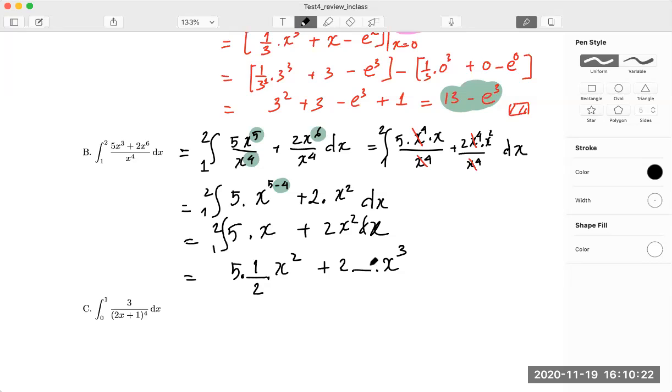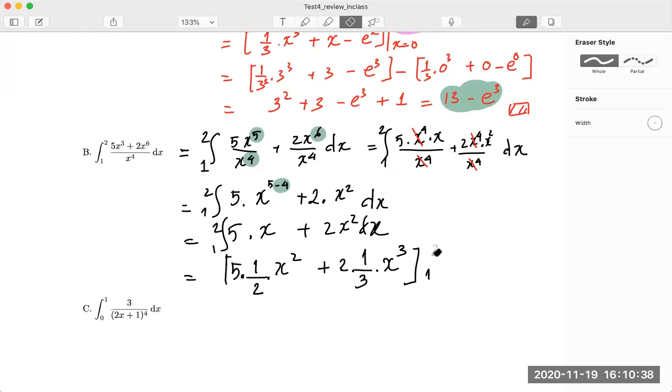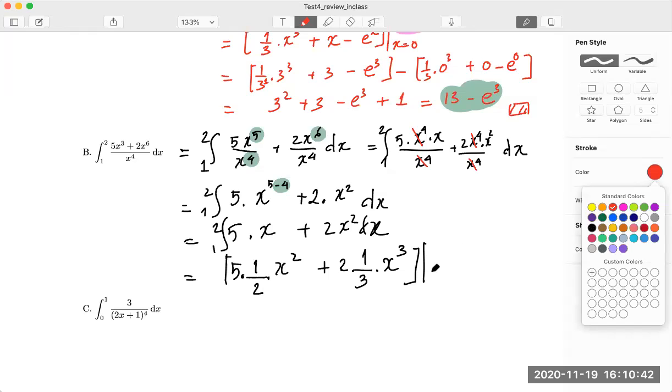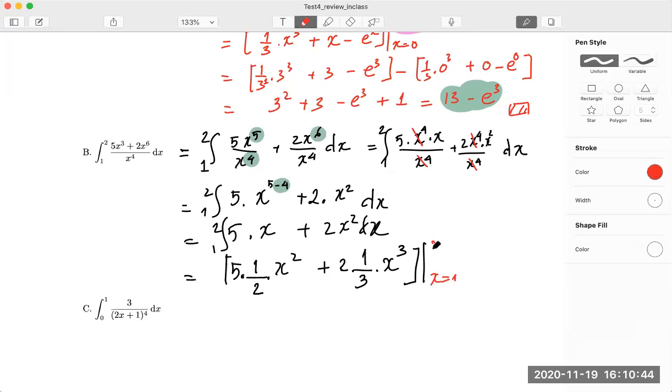Then we need to multiply by 1 over 3. And we evaluate it from 1 to 2. Or let us write it clearly: from x equals 1 to x equals 2.